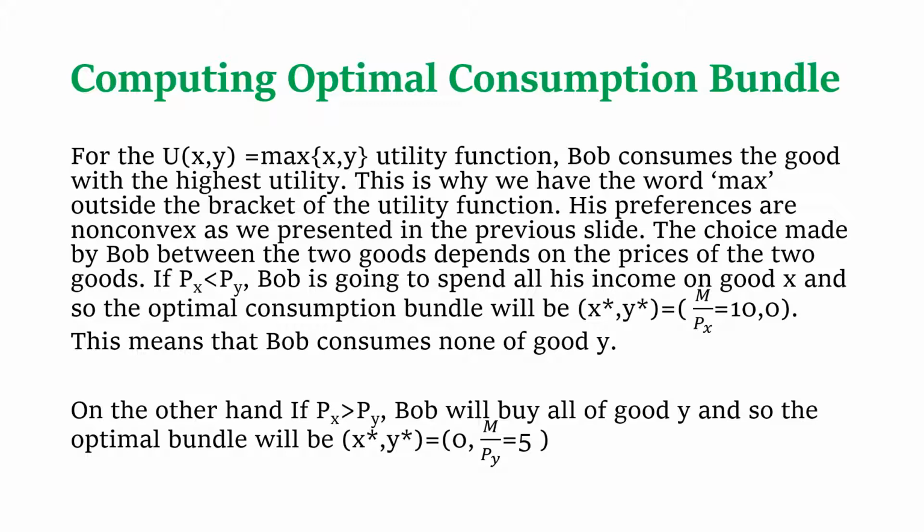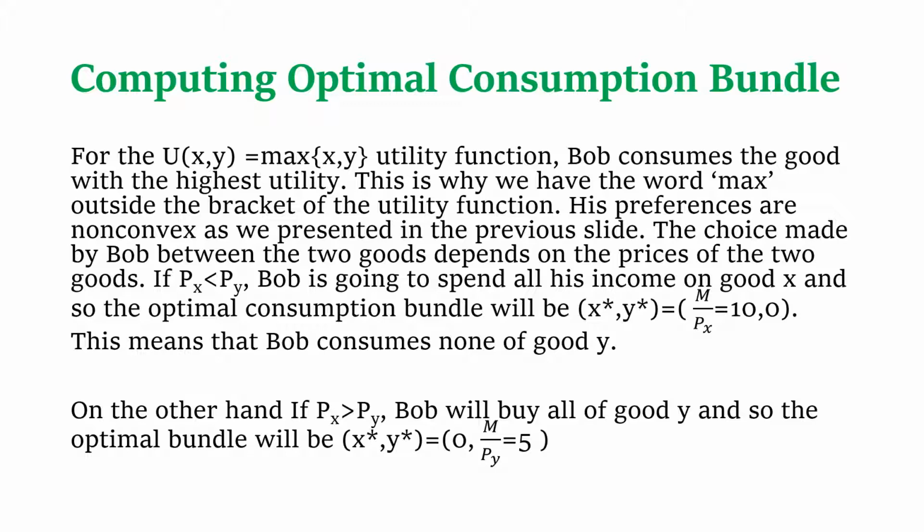Now, for the utility function u equals max of x, y, Bob consumes the goods with the highest utility. This is why we have the word max outside the bracket of the utility function. Its preferences are non-convex, as we presented in the previous slide. The choice made by Bob between the two goods depends on the prices of the two goods.